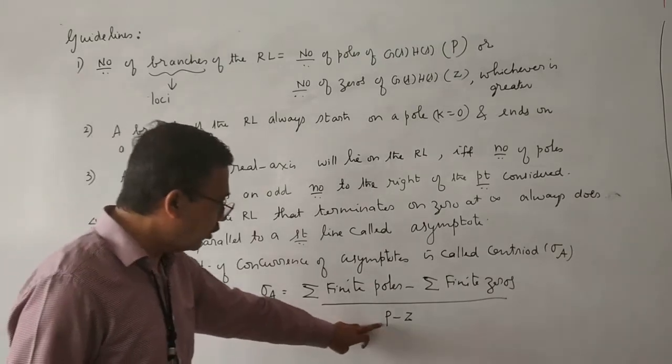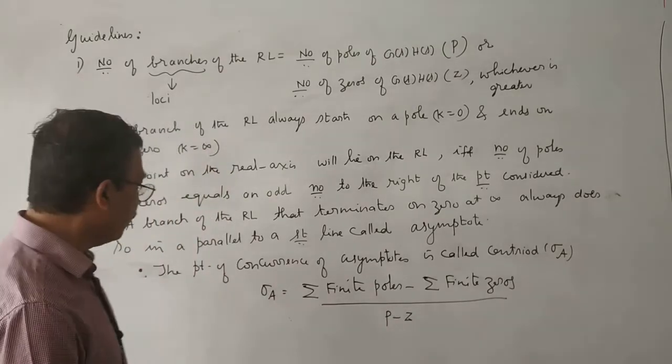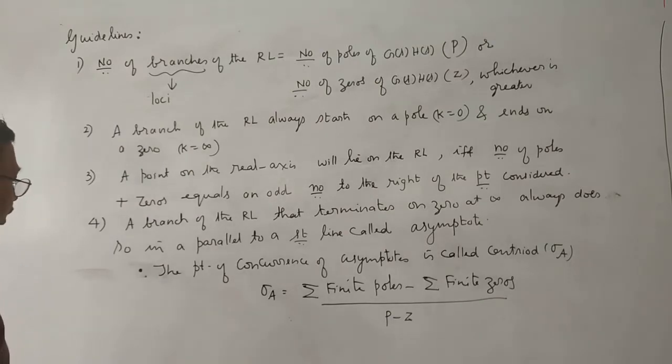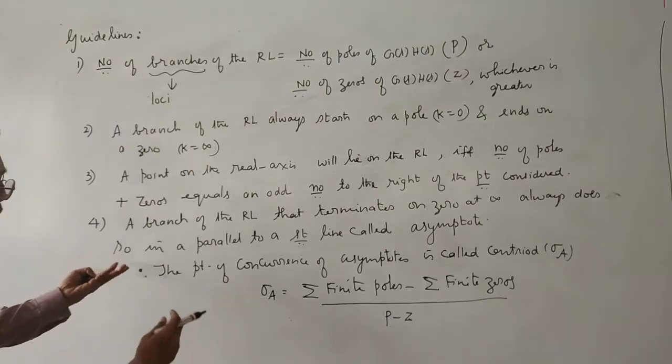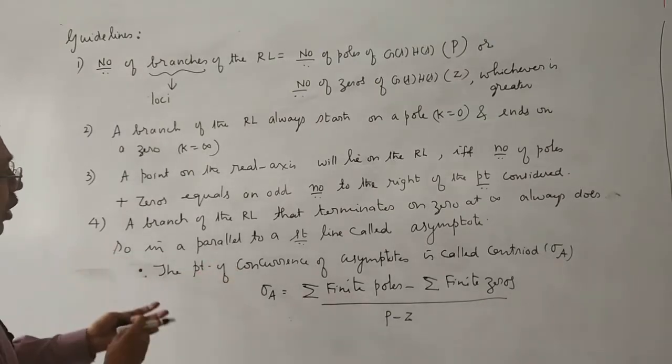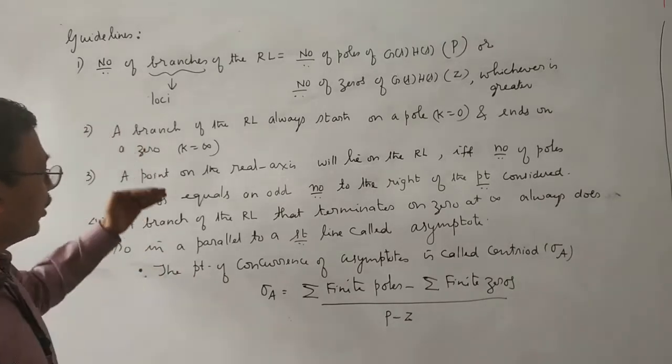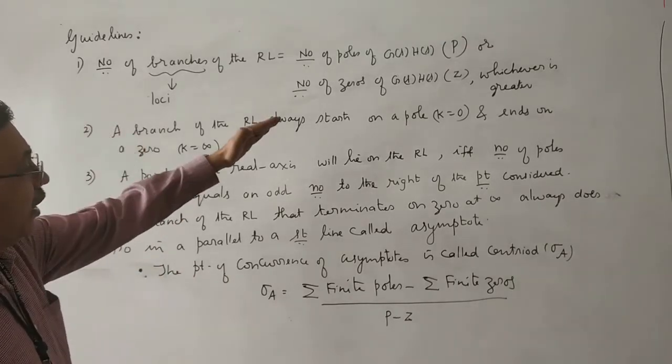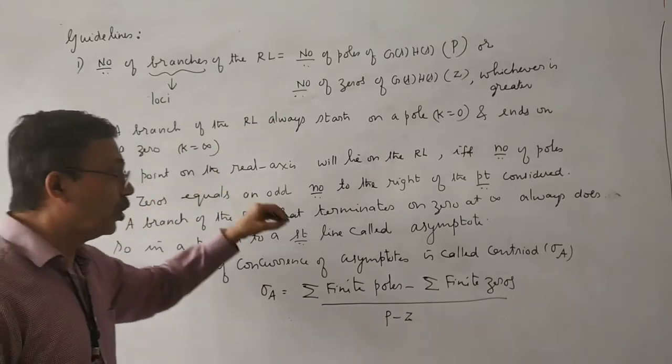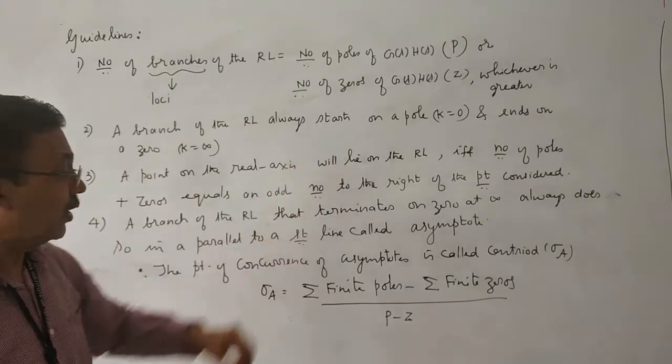So the asymptote is a straight line that gives guidance for a branch of the root locus to meet a zero which is at infinity.